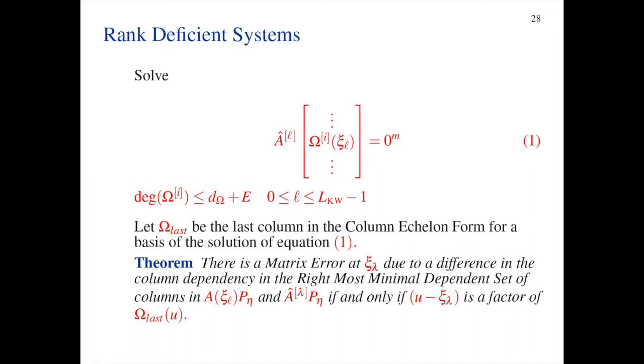And the idea is you can just permute and find all these minimal linearly dependent sets, and then remove all matrix errors.